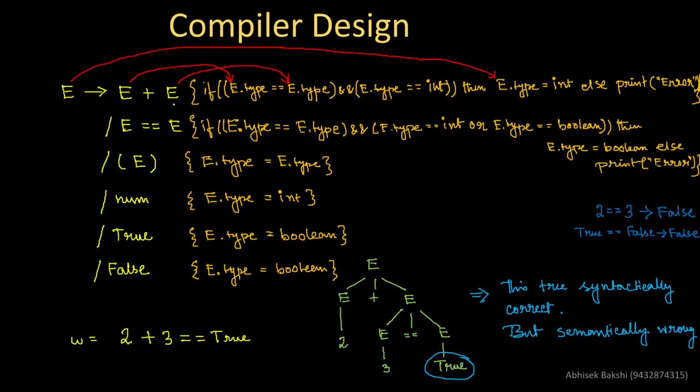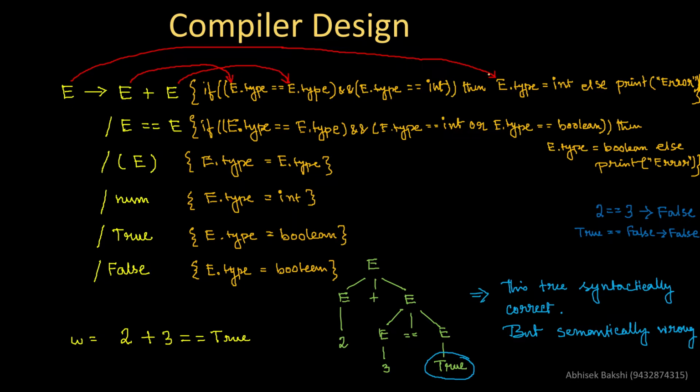I have shown this rule just to show how you can write a rule for checking whether the data types being added or subtracted are correct or not. I may have many other rules in the same production rule. For example, for E to E plus E, I must have type checking, and not only then e.type equal to int, I must also add that e.val equal to e.val plus e.val.